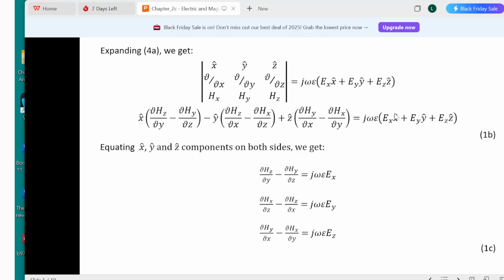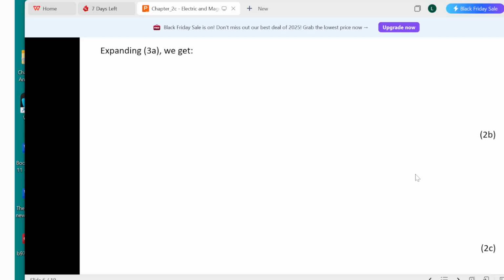And this page is about the derivation for the Ampere-Maxwell law. But we haven't done anything for Faraday's law, so this is the next step. So for Faraday's law, we are going to expand equation 3a.